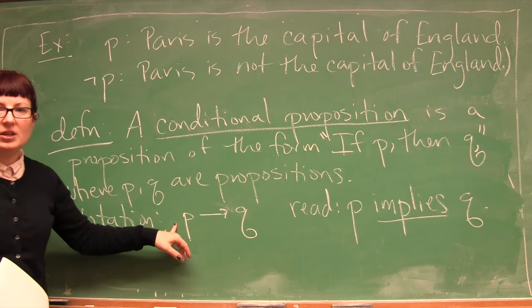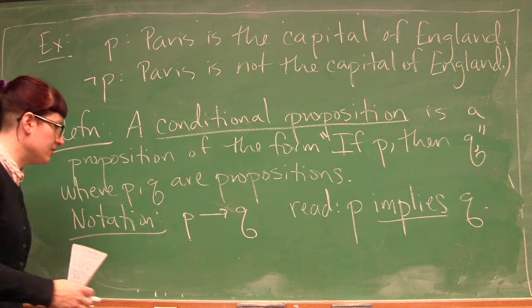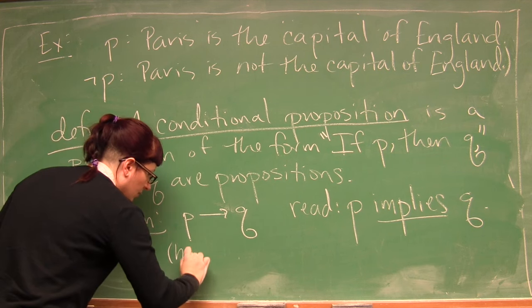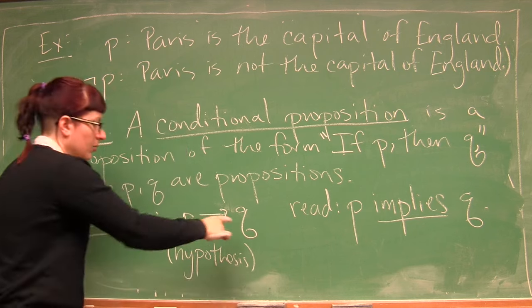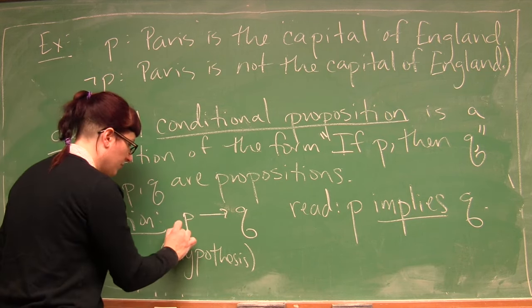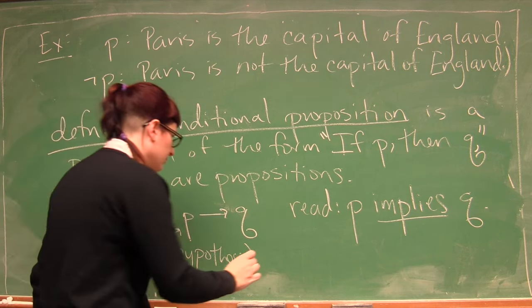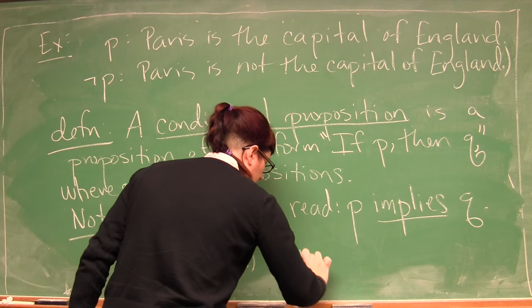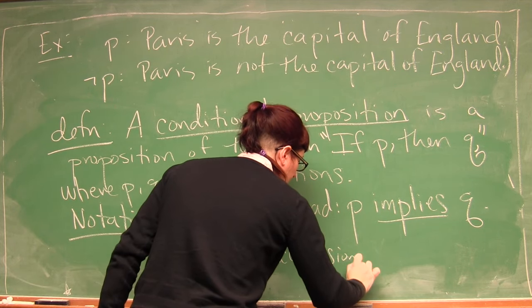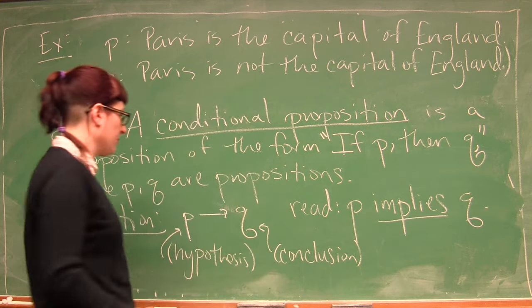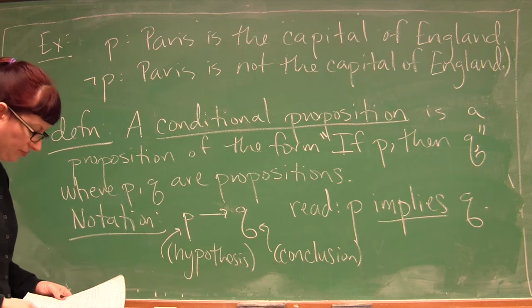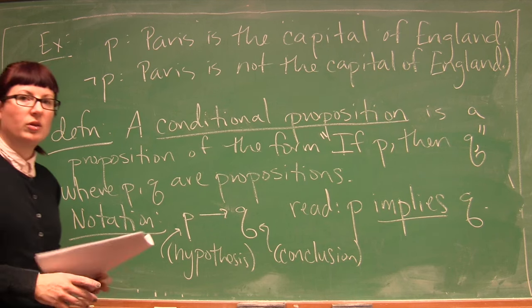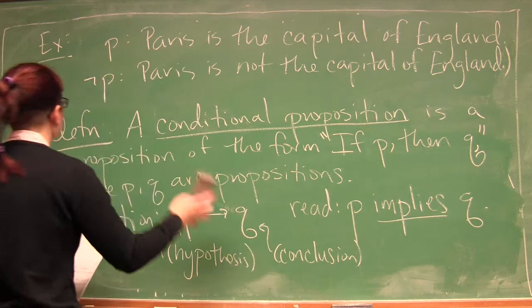The proposition P in this position we call the hypothesis. Proposition Q we call the conclusion. And the arrow we call the implication arrow. So a particular example.